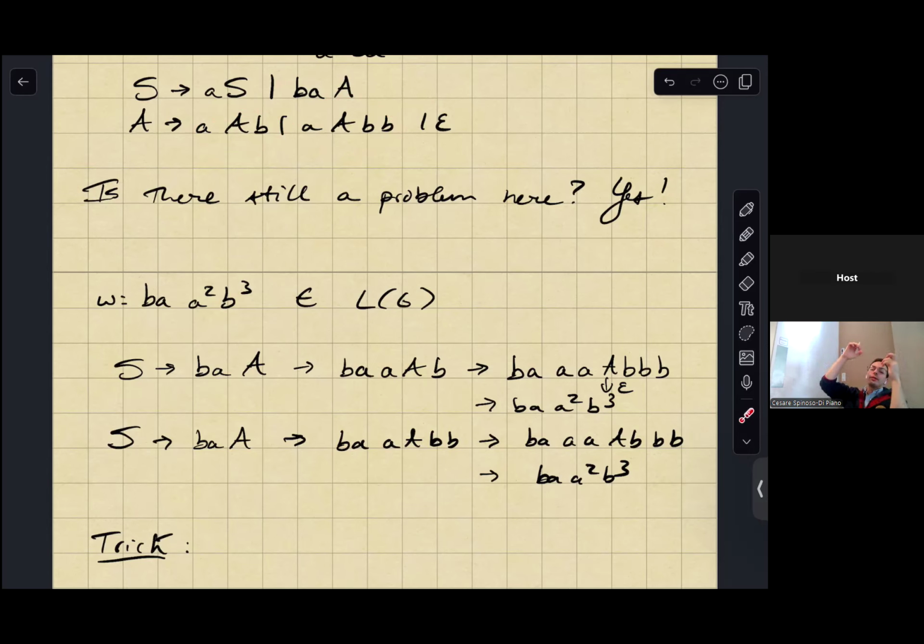It avoids this interchange between using this or this, because you first have to go through this one, and only when you're done generating with it do you go to the next level and generate using the other production rule.